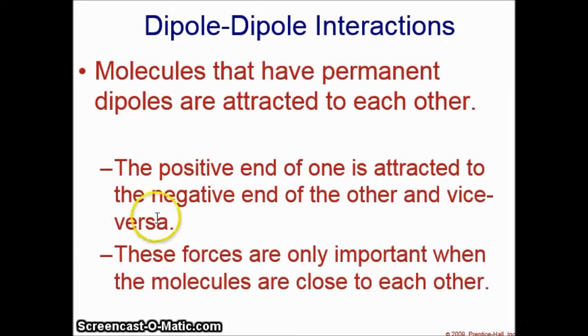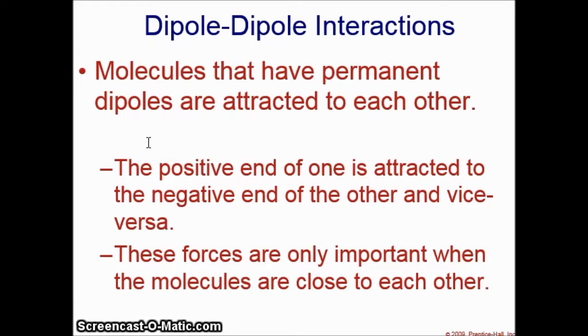The first one I want to look at is this dipole-dipole interaction. A dipole is just molecules that are polar, and they have this permanent dipole. That just means that they have one side that is slightly positive, one side that is slightly negative. We saw this in an earlier chapter.